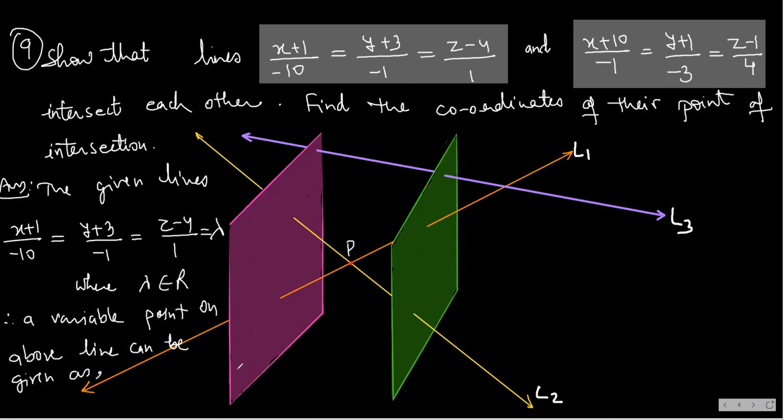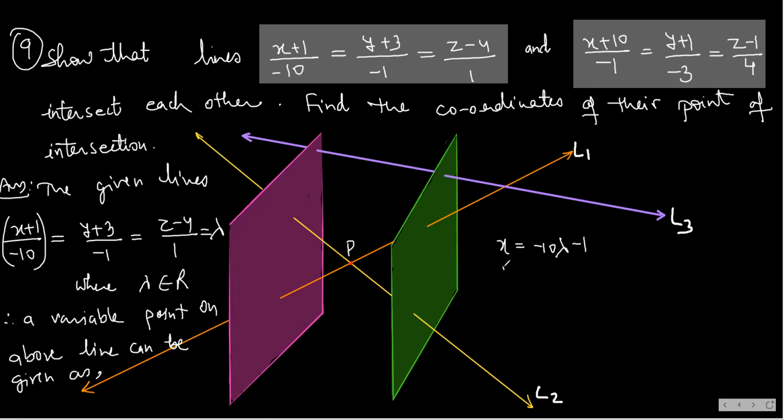as, how to give a variable point? We can give a variable point on the above line as: what will x be equal to? x equals minus 10 lambda minus 1. This whole thing is equal to lambda, so when you multiply minus 10 with lambda you get minus 10 lambda, and then shifting 1 to the right, you have minus 10 lambda minus 1.